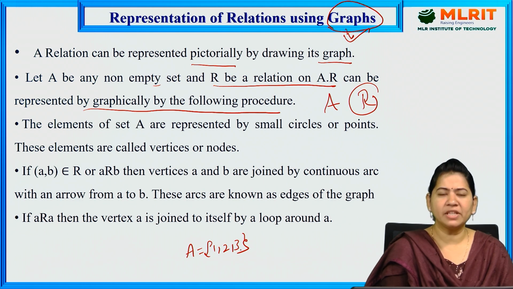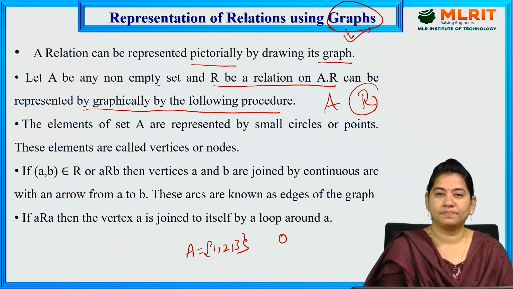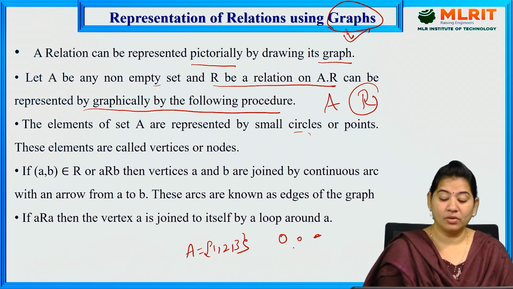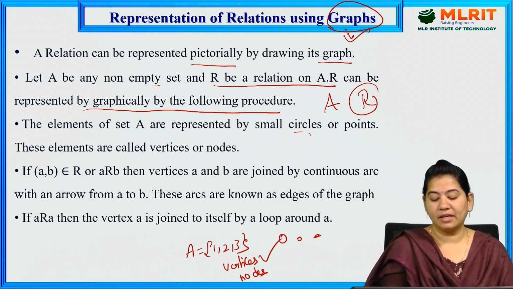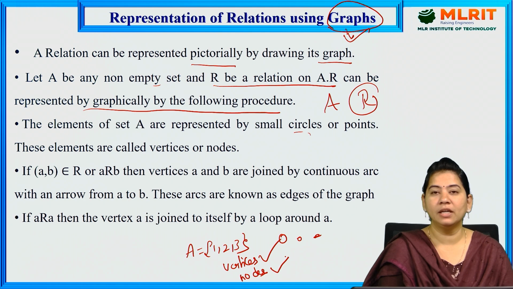How will you represent the elements of set A? Small circles, or you can write them as points. I suggest you draw round circles only. These circles or elements we can call vertices, or even nodes. Vertices in the graph we call nodes in a tree.